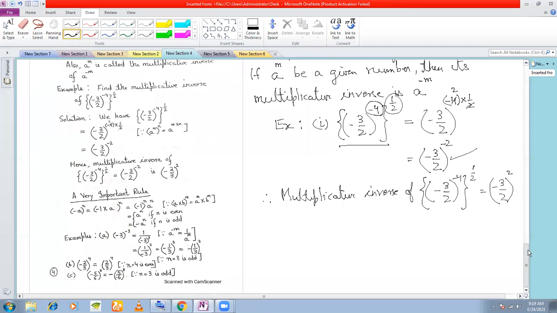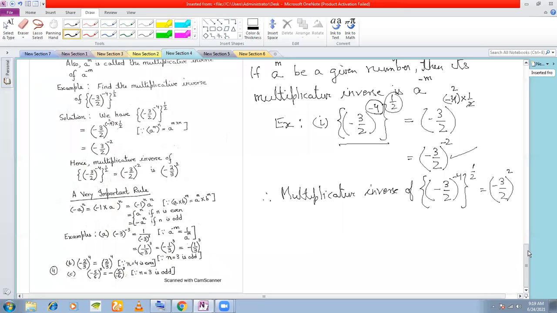In the multiplicative inverse, no, you will not take the reciprocal. There is a small mistake here. You will simply change the sign. That is minus 3 by 2 to the power of 2 simply. Okay.